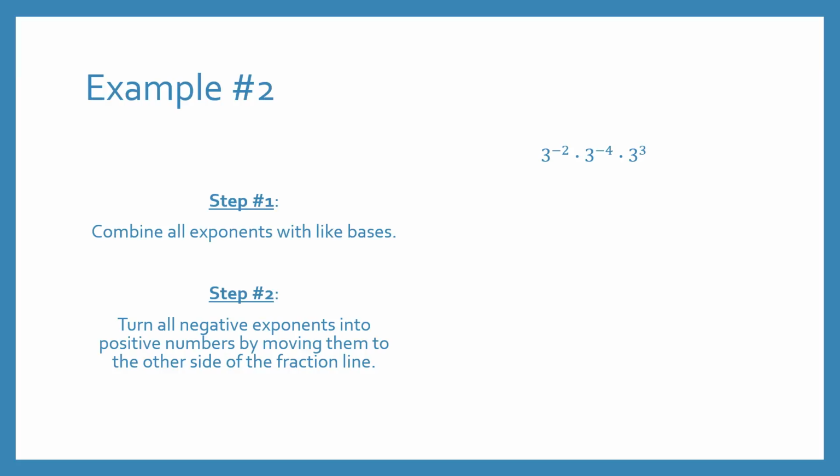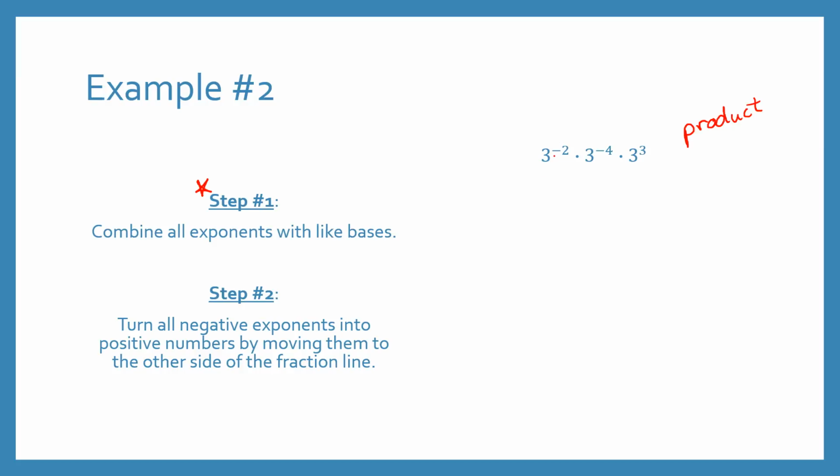Now this one brings in that first step a little bit that we didn't have on the last problem. It says combine all exponents with like bases. The like base is 3, and we are using the product rule, which tells us that we have to add.